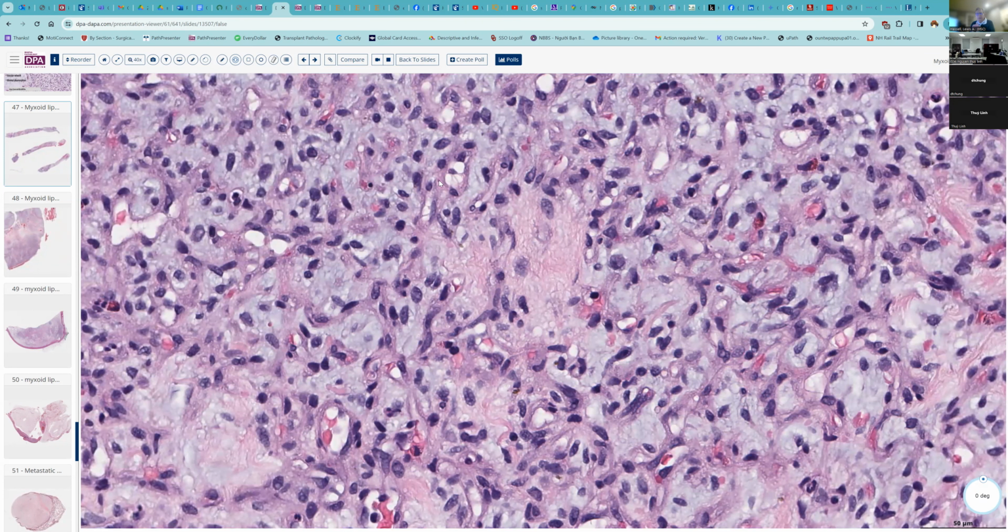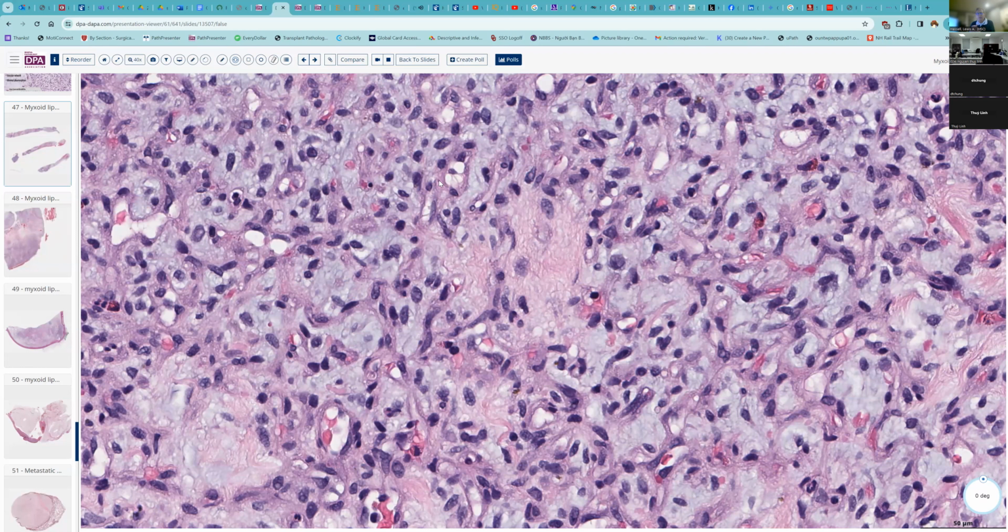For a tumor like this, myxoid tumor with relatively low-grade cytology, I think the differential includes myxoid liposarcoma. It also includes myxoid chondrosarcoma. And I suppose there might be some other myxoid lesions that might have some things like this, but those are the two main entities that I would consider as far as malignancies that could have this appearance.